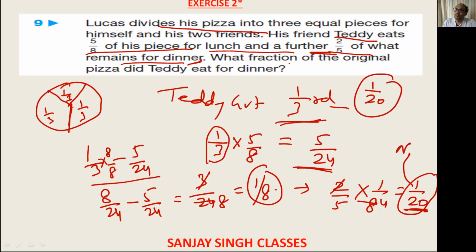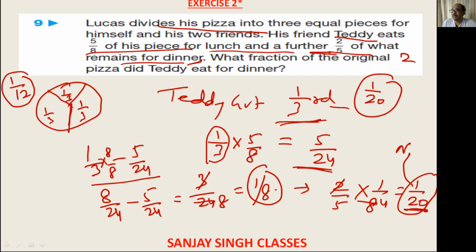One more thing I want to tell you here: in the answer it is given as 1 by 12. That may be possible only when Teddy is having not 2 by 5 but 2 by 3rd for dinner.